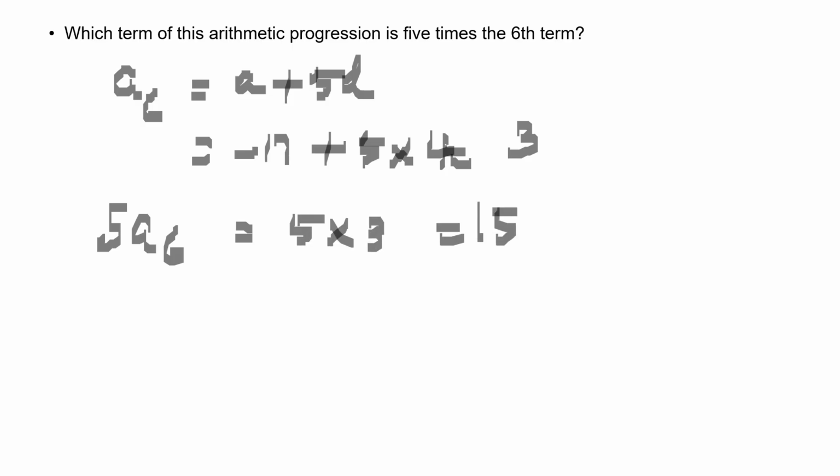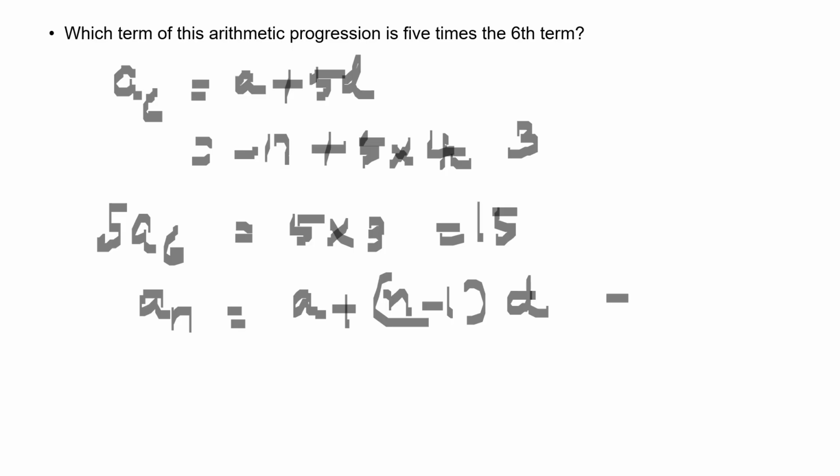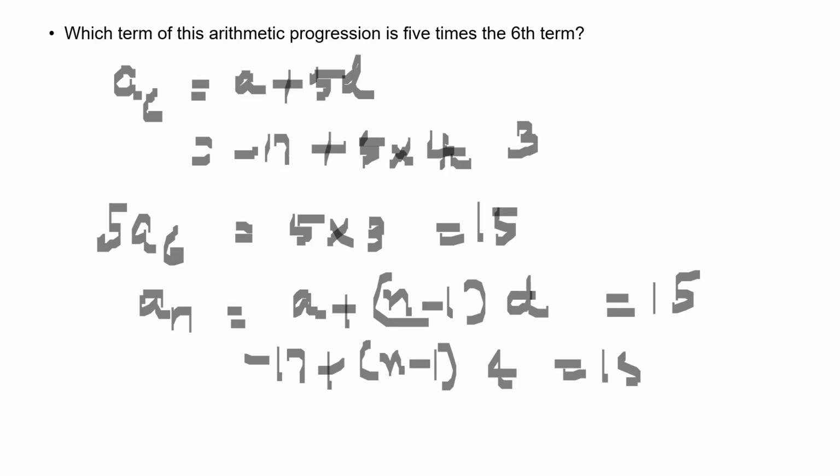So which term of the AP is 5 times the 6th term? Let us take that term as an, the nth term. So an is equal to a plus n minus 1 into d, and that is equal to 15, 5 times the 6th term. So a is minus 17. n minus 1 into 4 equal to 15.